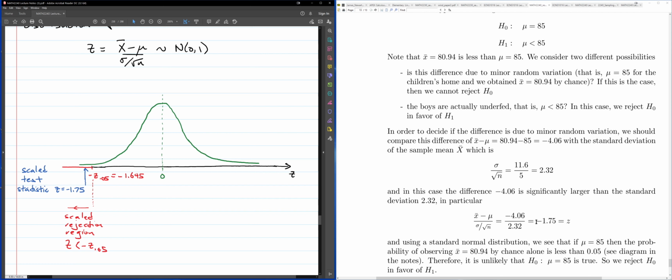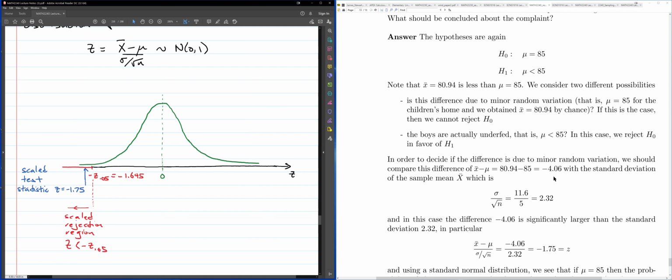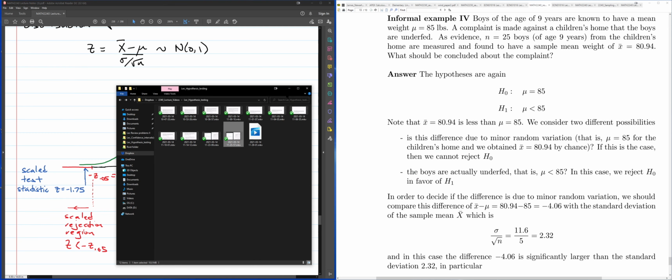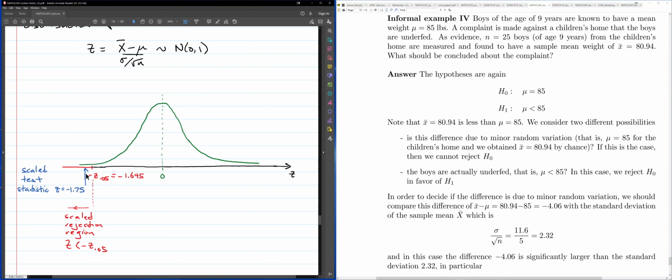So this minus 1.75, the chances of this occurring, in other words the chances of getting the 80.94 by chance alone, in fact is less than 0.05.